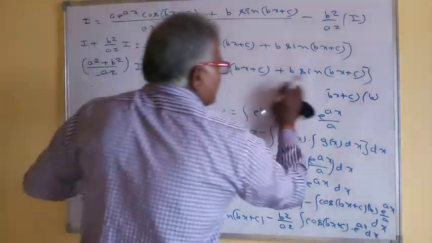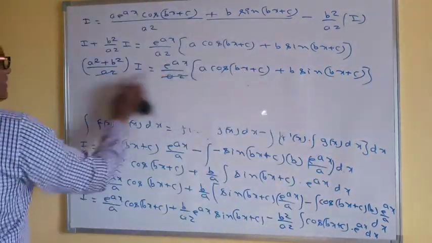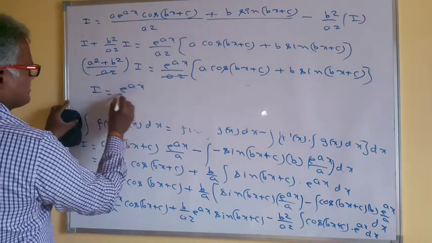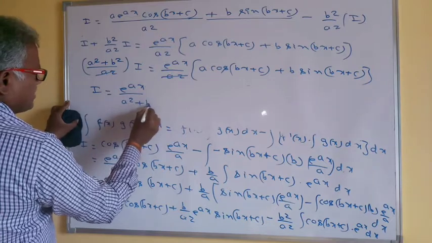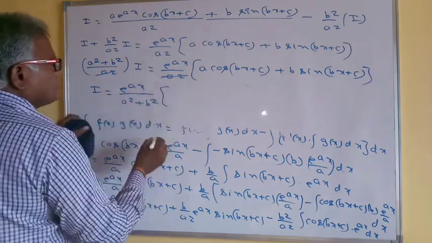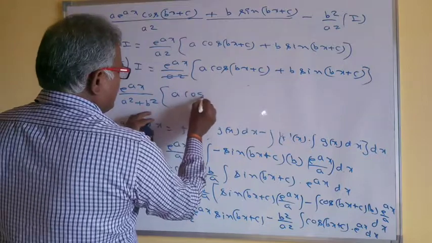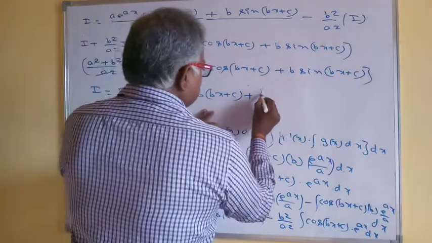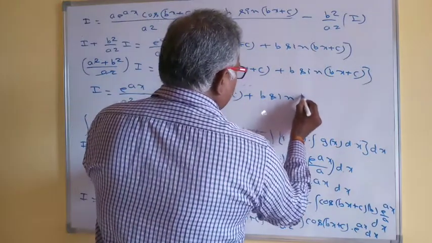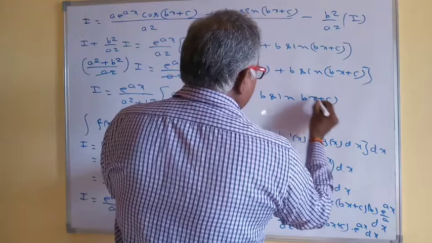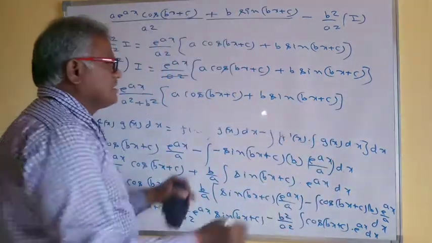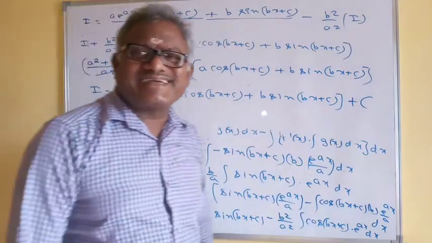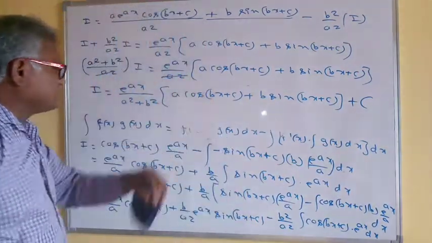So finally we obtain I is equal to e power ax by a square plus b square into a cos(bx plus c) plus b sin(bx plus c). Finally, you have to add plus C, put capital C. So this is the way to do it.